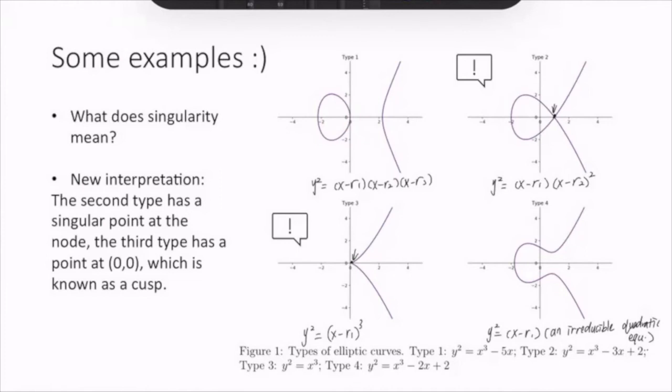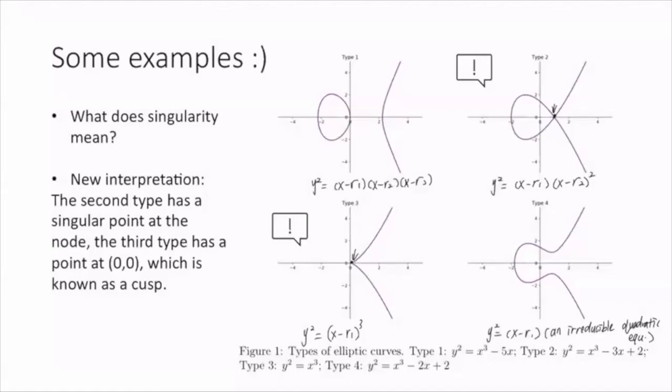So in the definition, we claim that our elliptic curve should be non-singular. It should be differentiable everywhere on the curve, which means we either have type 1 or type 4 for a basic shape of a real field. Here is an additional thing that I want to introduce, which is related to the singularity.